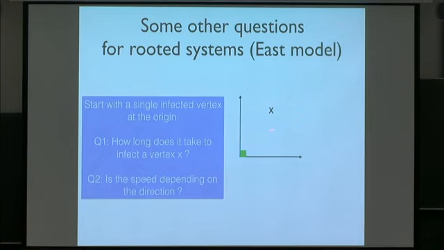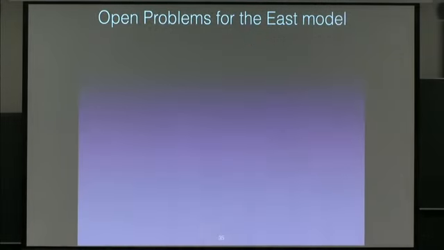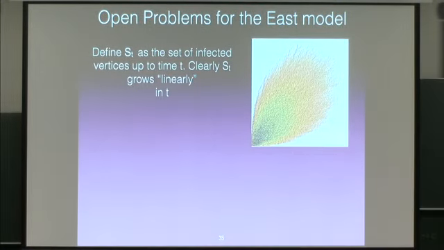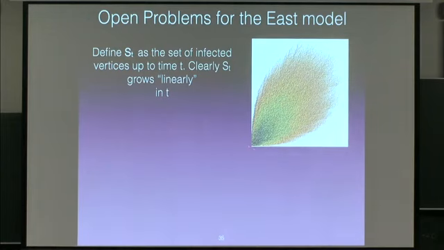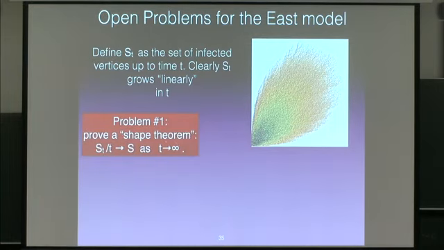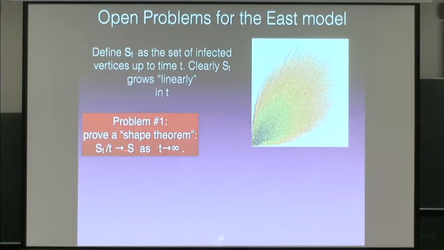This is a little bit like first passage percolation. And even more, start with a single vertex at the origin and wait until time t, and color all the vertices that have been infected by time t at least once. Then you get exactly this picture. So problem 1: is there a shape theorem?